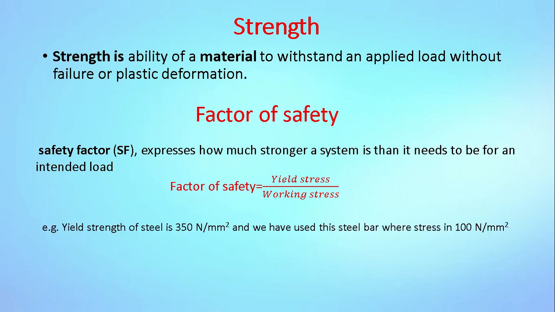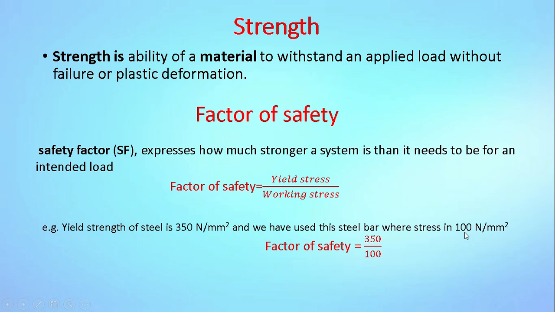Or another example: suppose we want to design a bar for carrying a load of 100 Newton per mm square, or stress of 100 Newton per mm square. But for this application, we have used a bar with yield strength 350 Newton per mm square.